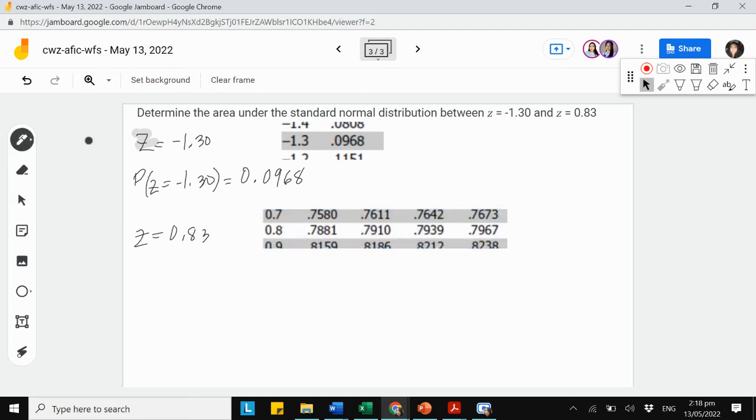So, sulat lang natin. Probability z is equal to 0.83 is equal to 0.7967.